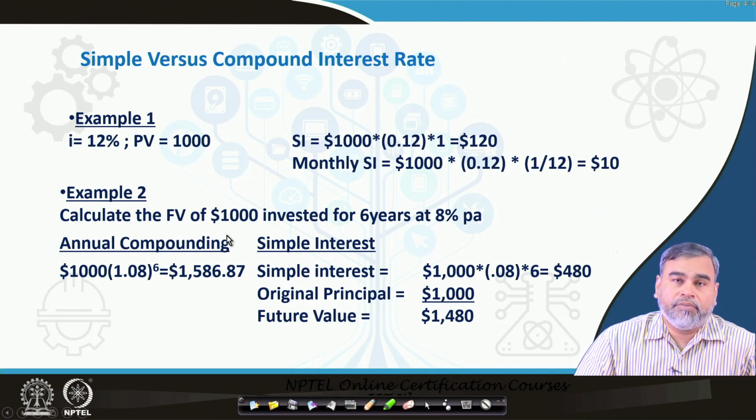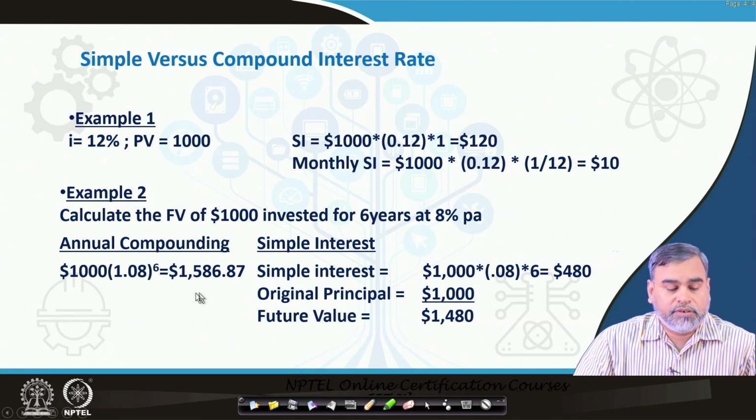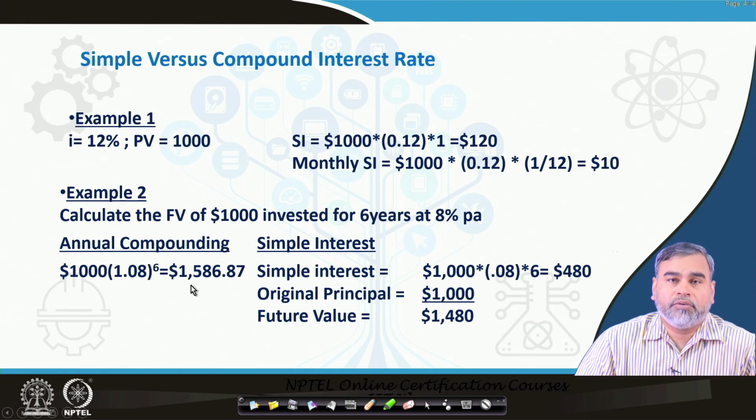But with compound interest, the money will be 1586.87. That means it is 1000 into 1.08 to the power 6, which gives you 1586.87. The 1000 into 1.08 is multiplied by 1.08 again for the second year, and then again by 1.08.